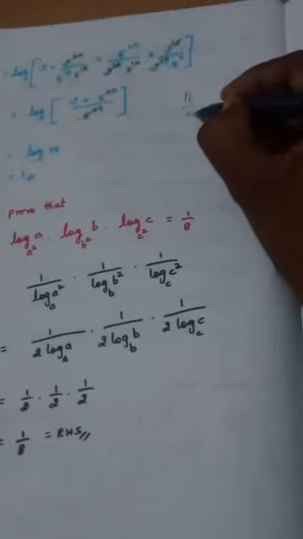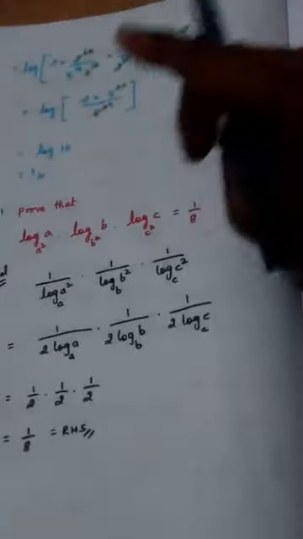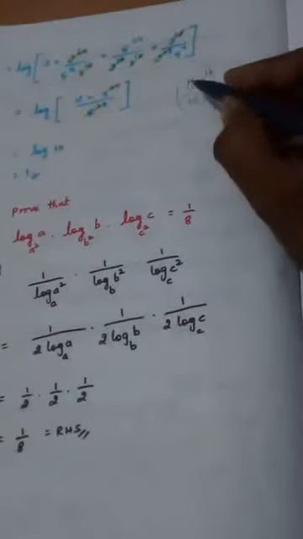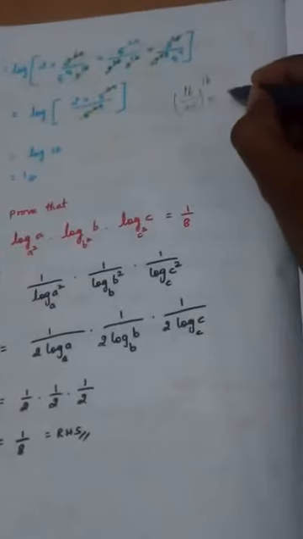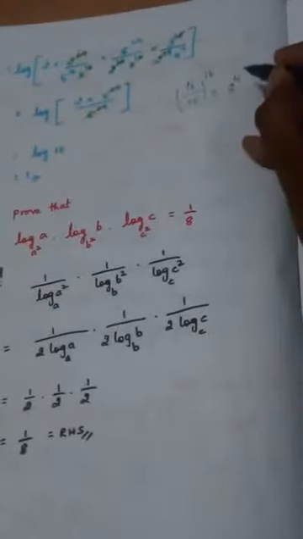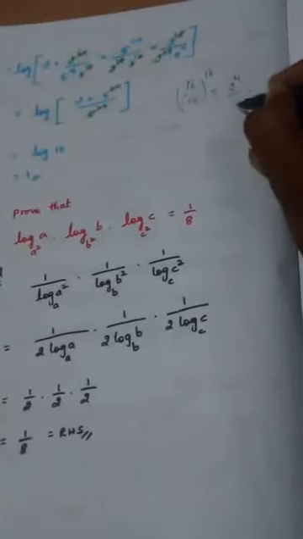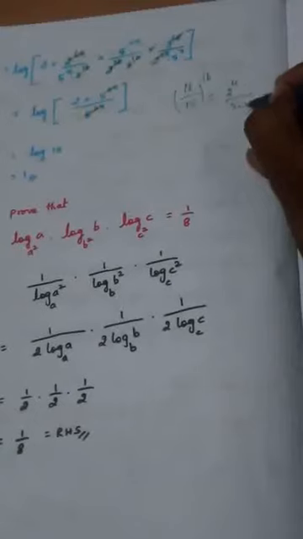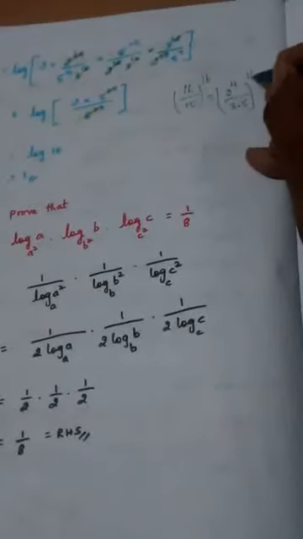16 by 15 to the power 16, that is the first term present in the previous step. Now what I'm going to do is, this 16 can be written as 2 to the power of 4, 2 into 2 into 2 into 2, right? And 15 is written as 3 into 5, and then to the power of 16.